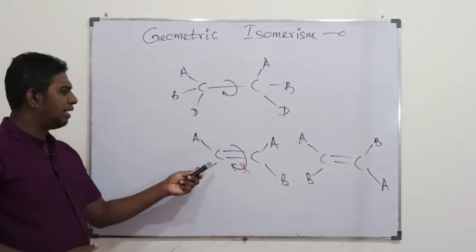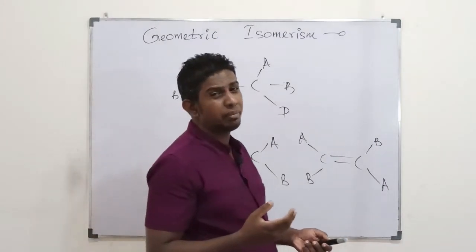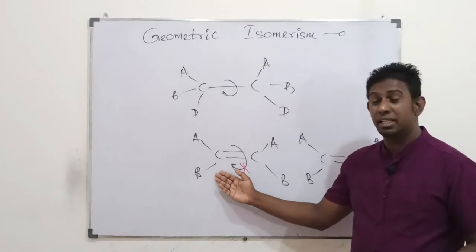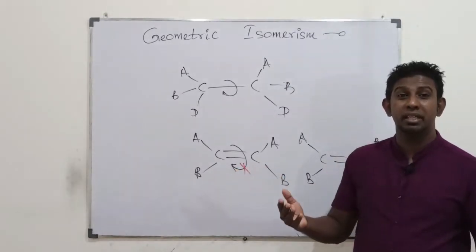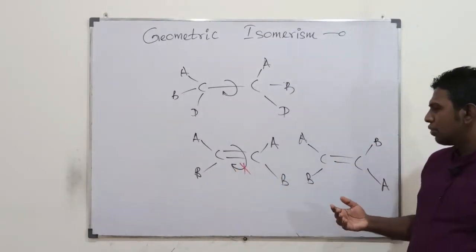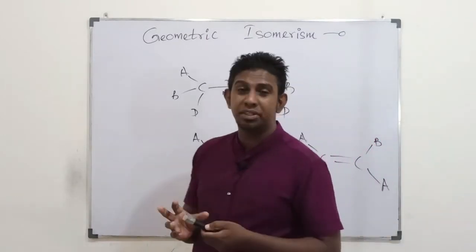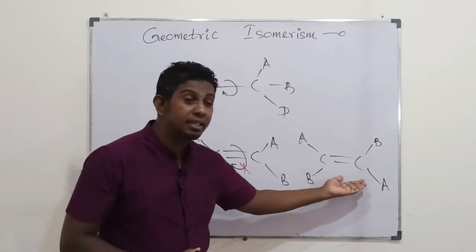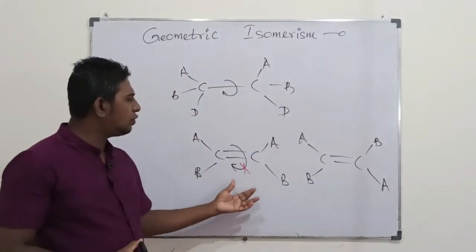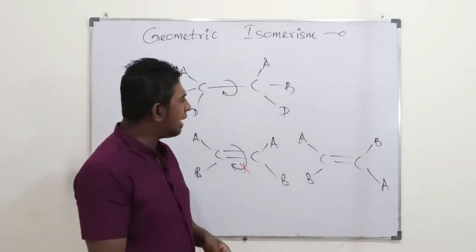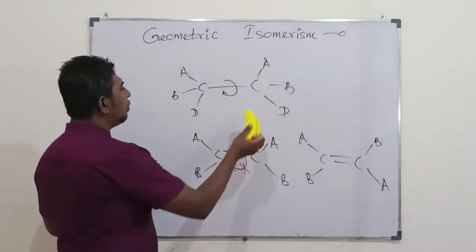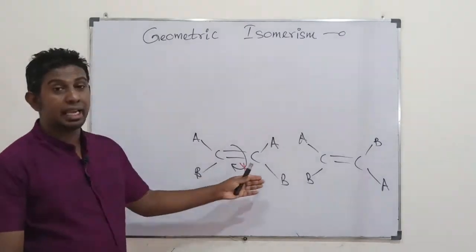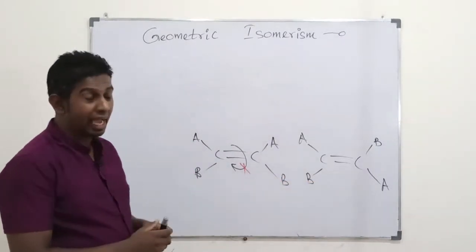When you consider their geometry, you find the carbon has a trigonal planar geometry. In this geometry, you could change the position of those groups and get a different compound. These two are different compounds. But students, when you check their structural formula, this is the geometry I have drawn.